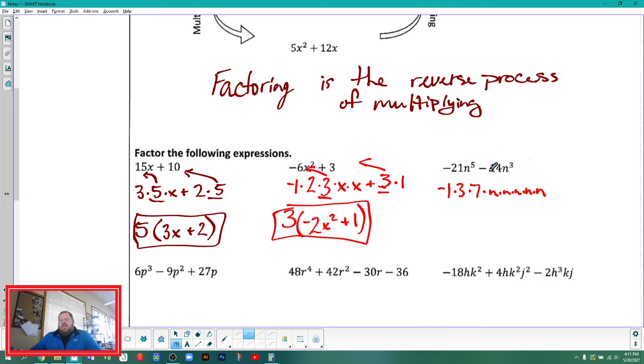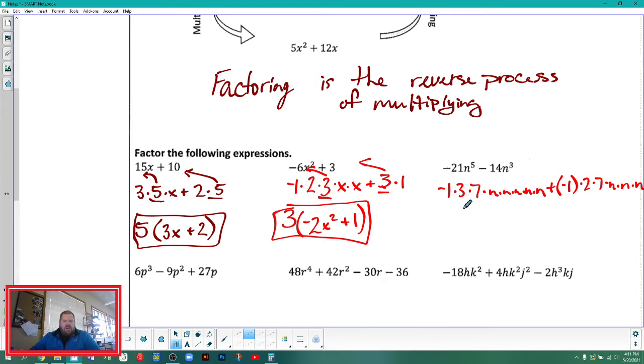And then -14n cubed, I'm going to say that's plus a negative 1 times a 2 times a 7 times 3 n's. I barely fit that one in there. That's good.